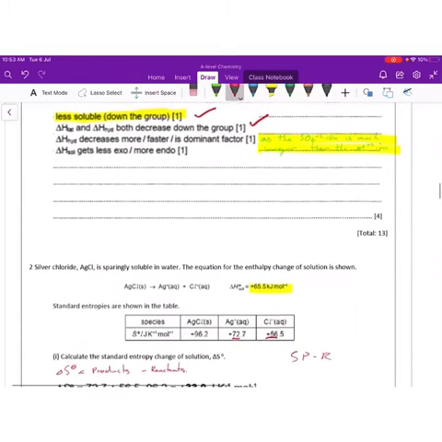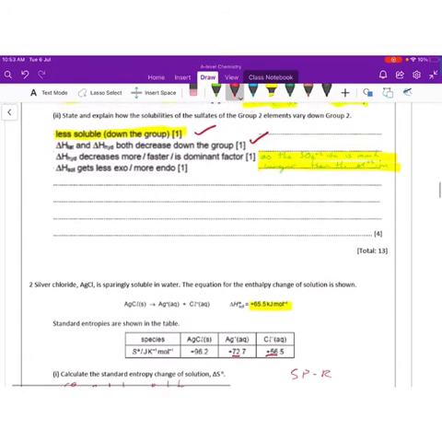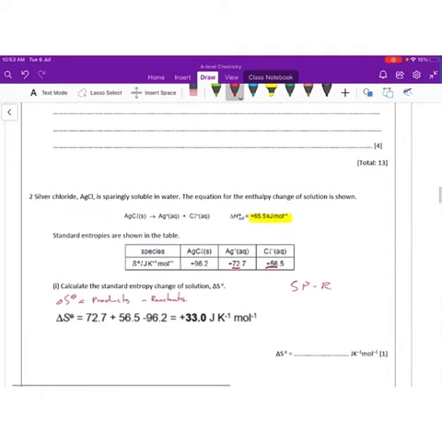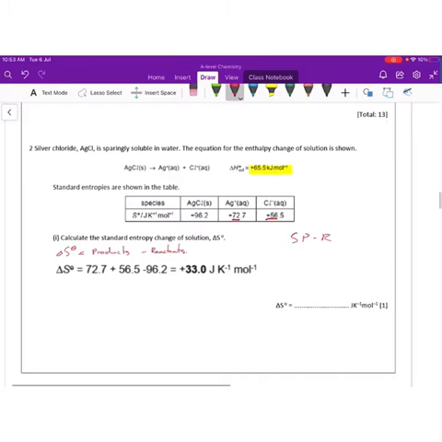If it gets less exothermic, it becomes less soluble. Go and look at the theory that we dealt with and nice explanations that I gave on that worksheet as well. Right, please go have a look at it. So that was the first 13 marks on the Born-Haber cycle and enthalpy changes.